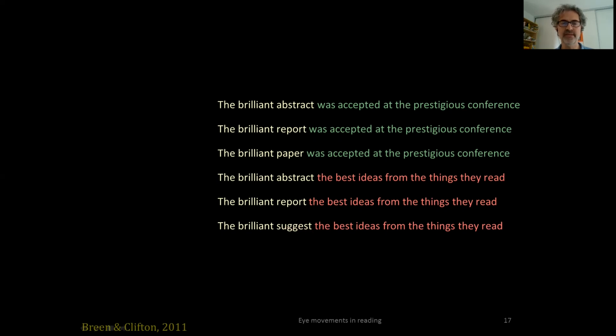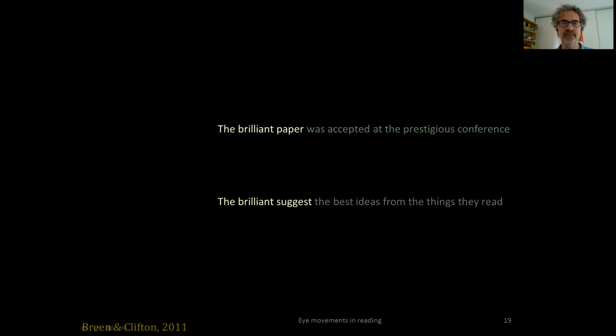So what if you present one of these sentences and trace how the eye moves to read it? So if we're looking at a sentence like this that is not ambiguous, the brilliant is ambiguous because when you first read it, you expect this to be an adjective. So when you hit paper, when you look at paper, your expectation is actually confirmed and you just keep on reading.